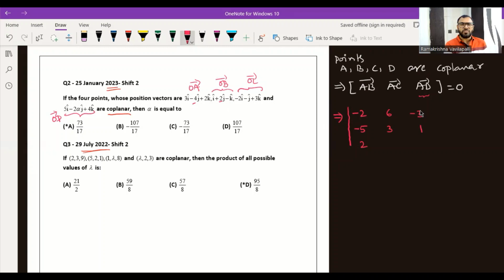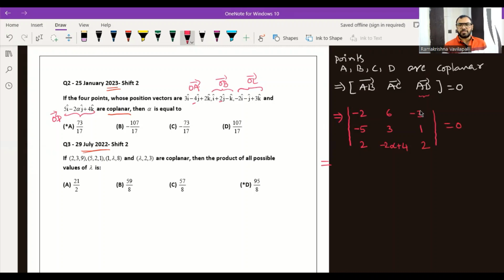There minus 2 alpha plus 4. And 4 minus 2, 2. This is equal to 0.